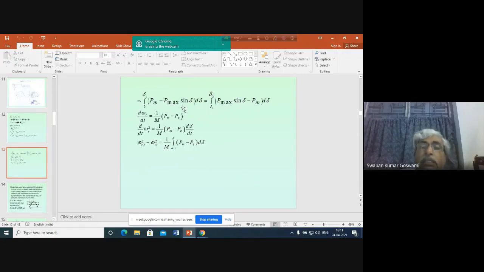The energy available for acceleration must be equal to the energy available for deceleration. That means the energy input to the generator must be extracted from it if the synchronous speed has to be regained. This is what the equal area criterion tells us.